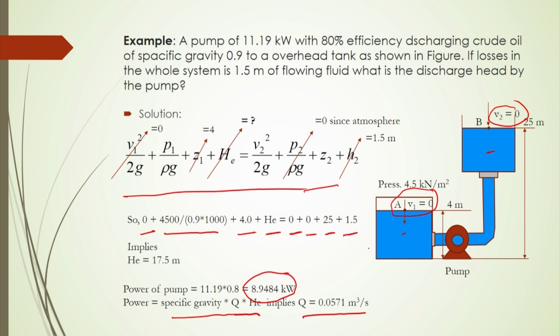So from these equations you can find AC, the head supplied by this external pump. Based on the power of the pump, you can calculate the flow rate of this fluid. So the flow rate is equal to 0.0571 meter cube per second. So this is your discharge, and the discharge head is 17.5 meter.